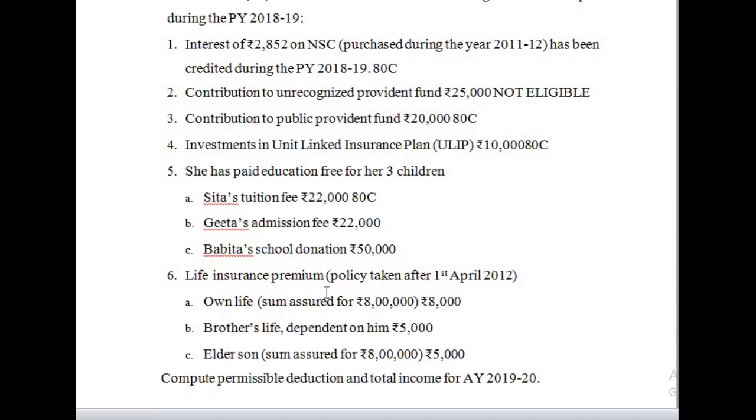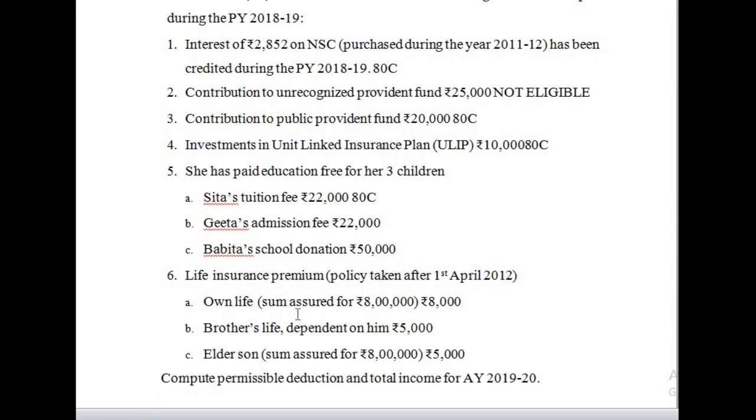Life insurance premium is allowed as deduction if it is taken for self, spouse and children. Any life insurance taken other than these will not be allowed as deduction. So in this case, the assessee can claim deductions on his own life and elder son. Brother's life will not be allowed as deduction.